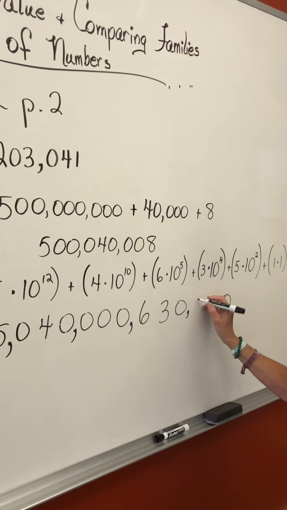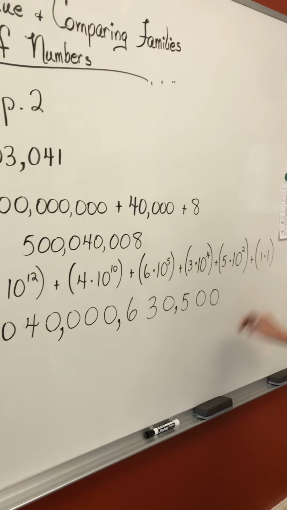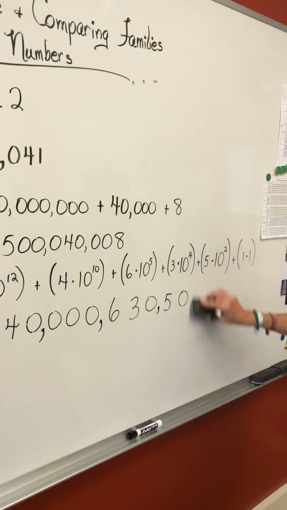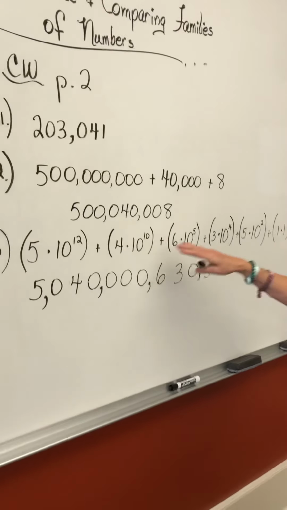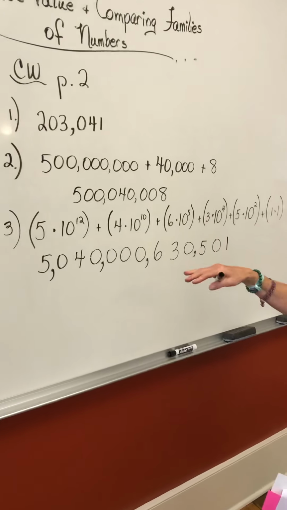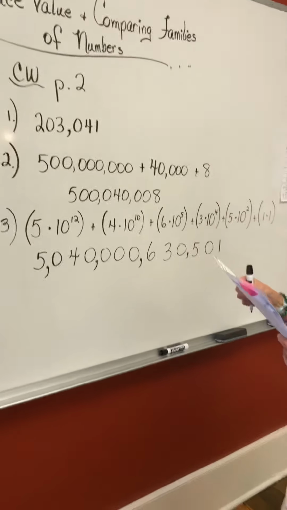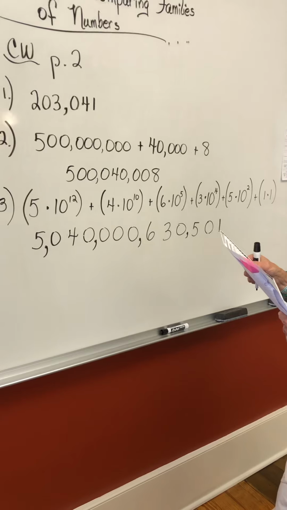You'd put a 5 here. And then you have 1 times 1, so we have a unit here at the end. All right, so that is our number, actually written in standard form from this expanded form, okay?